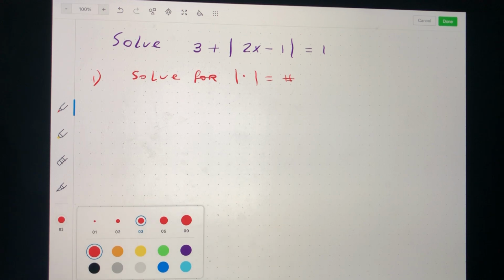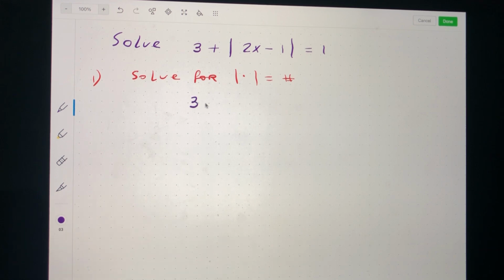To do this, all we need to do with our example is to minus the 3 from both sides. So I will copy this equation back, and then we do subtraction. So plus 1. Now minusing 3 from both sides makes absolute value 2x minus 1 equals negative 2.